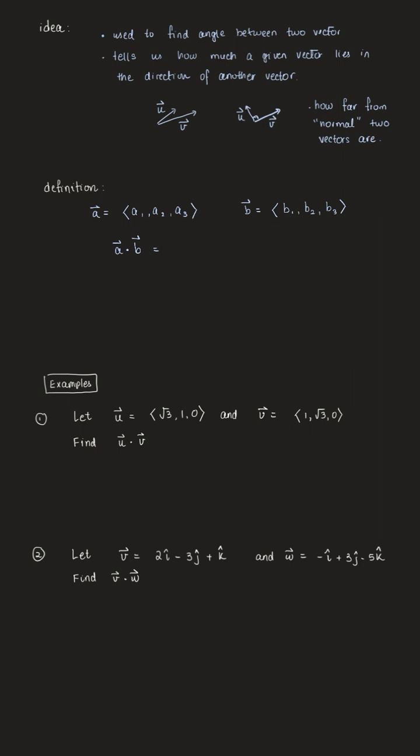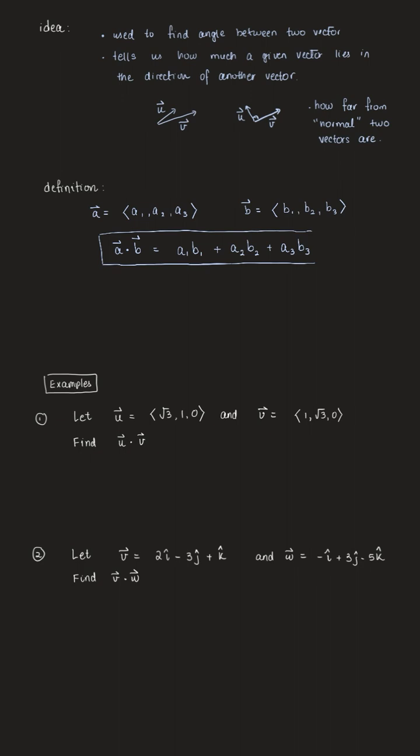The way we'll do this is we first take the first component of vector A, A sub 1, and multiply it by the first component of vector B, B sub 1. Then we add to that the second component of A times the second component of B, and add to that the third component of A times the third component of B. This is one way of defining the dot product between two vectors.